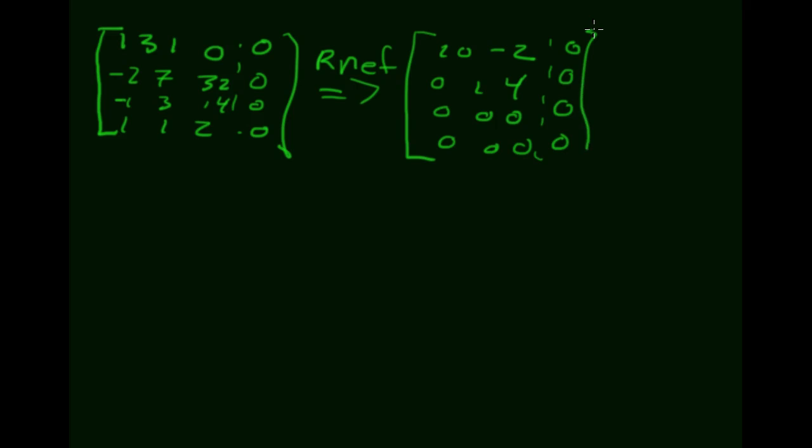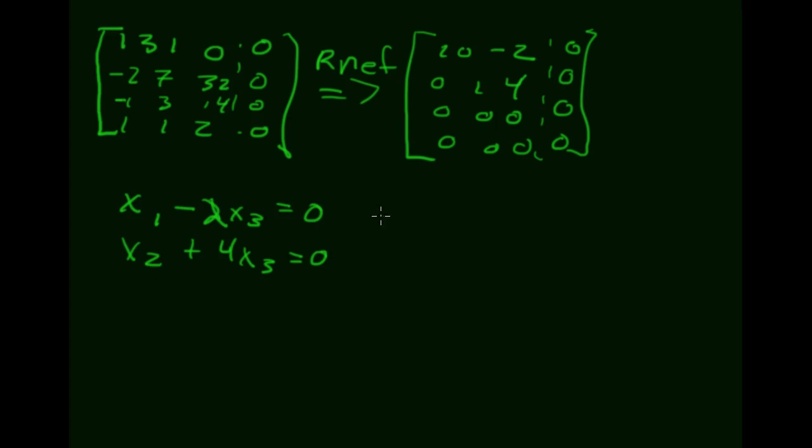Now, if you think about the homogeneous solution here, this reads as x1 minus 2x3 is equal to 0, and x2 plus 4x3 is equal to 0, right?